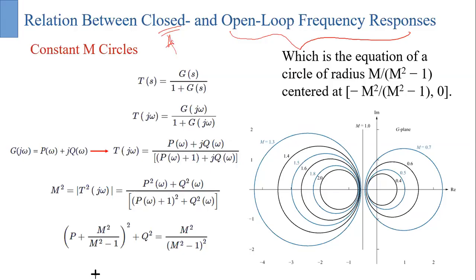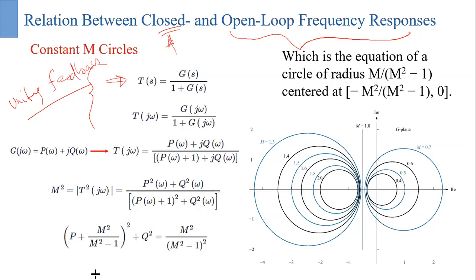But we have to be careful here. This discussion is basically for unity feedback systems, not for non-unity feedback systems. For non-unity feedback systems, we can give a hint of what can be done, but for our discussion we will limit it to unity feedback systems.